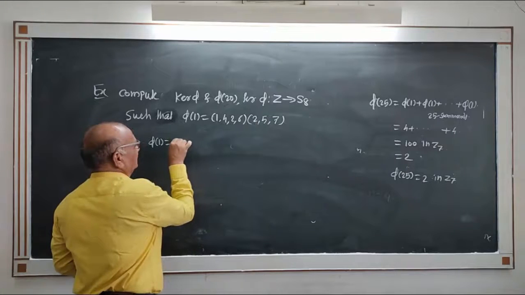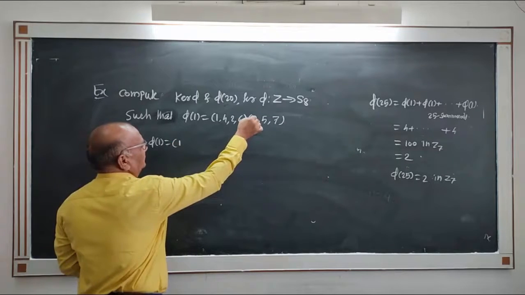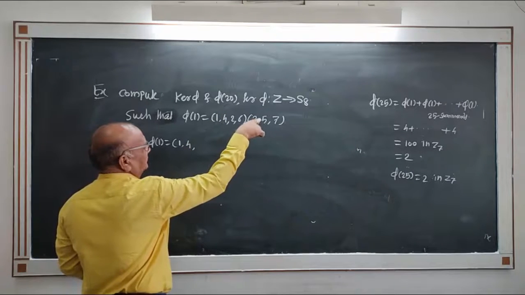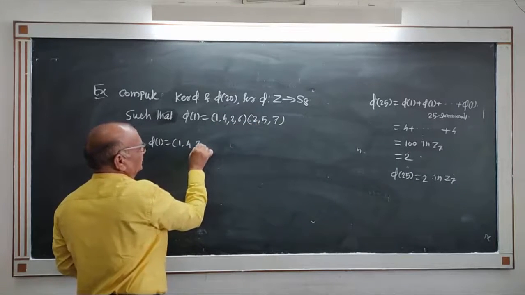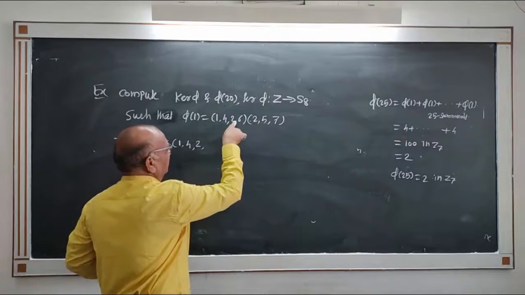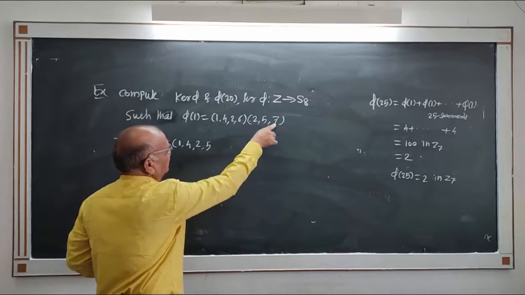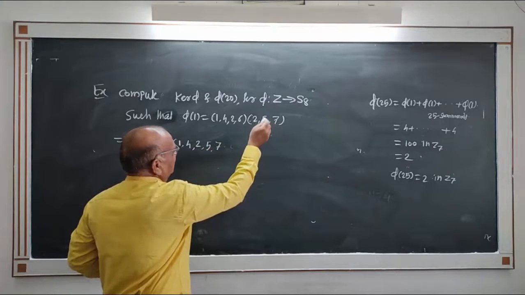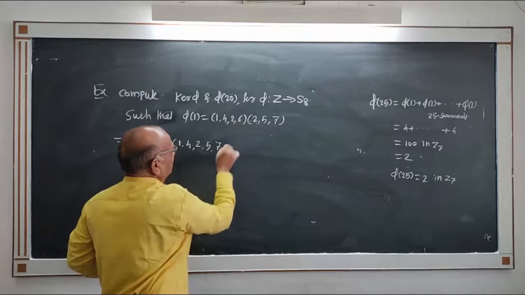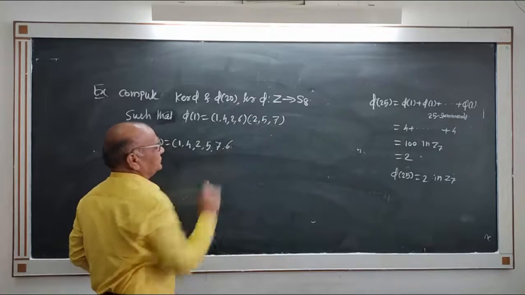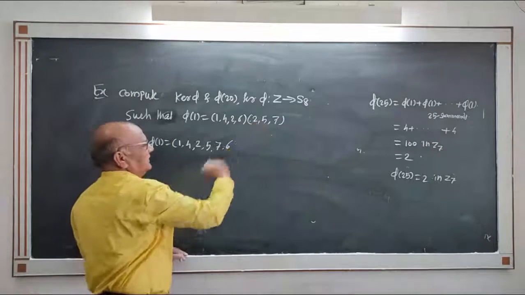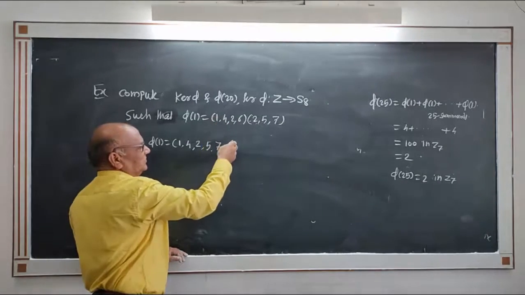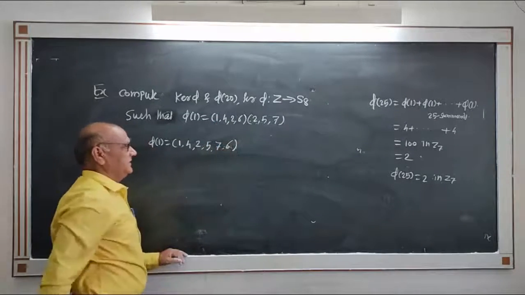Take 1: 1 goes to 4, 4 goes to 2, 2 goes to 5, 5 goes to 7, 7 goes to 2 and then 6, 6 goes to 1, that means complete.